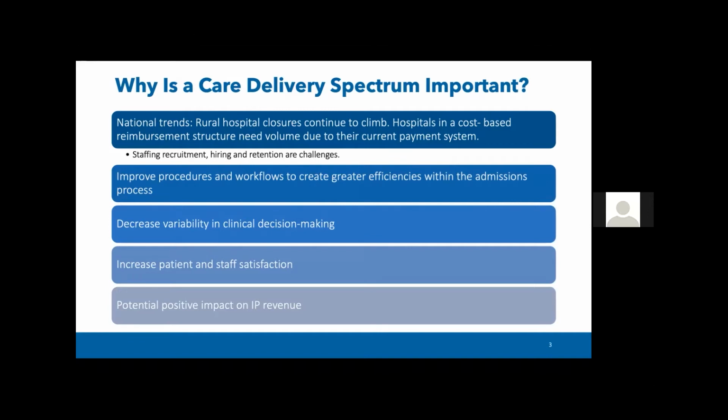And then if we do have that defined framework, it tends to lead to an improvement in our bottom line regarding our inpatient revenue. The goal is to really use this, defining who our patients are and being able to build our volume based on that.